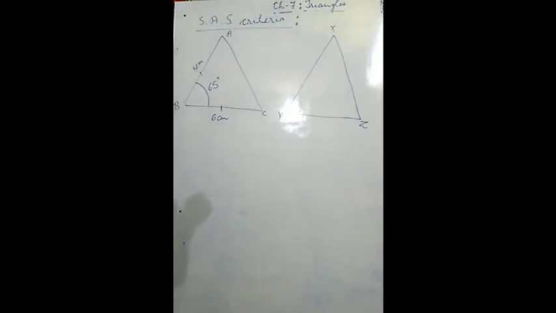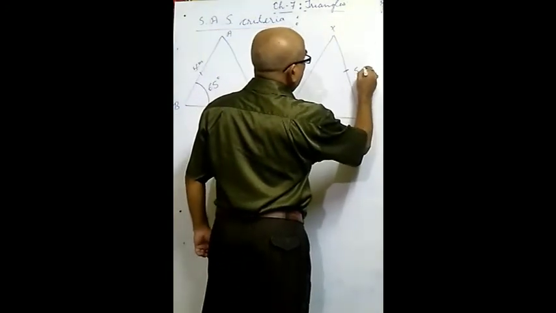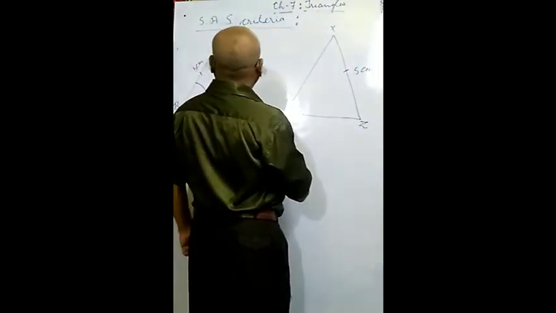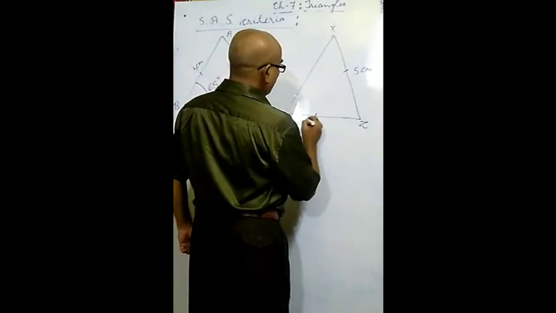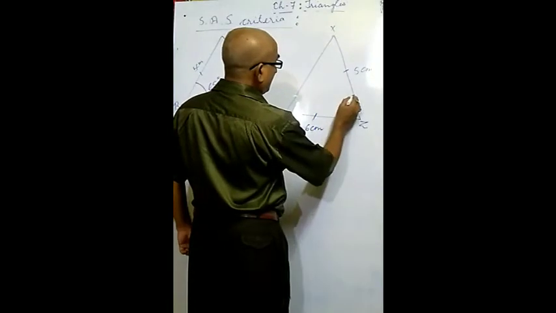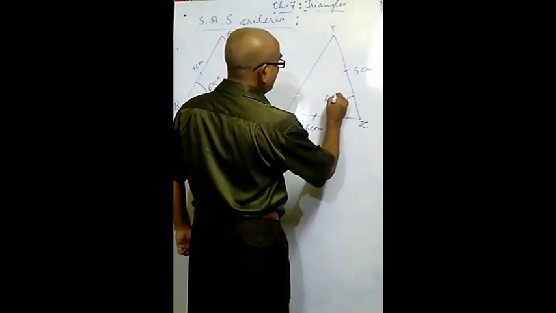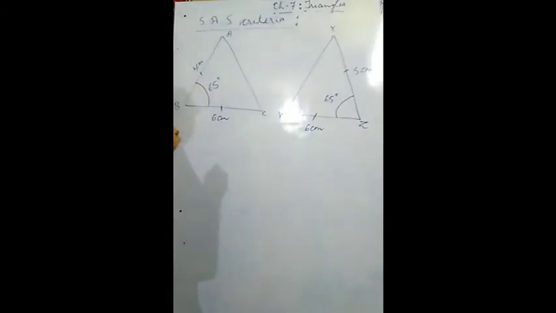In the same way, suppose the value of this one is given 5 centimeter, this one is given 6 centimeter, and this angle is given 65 degree. Mark it. This one is remarkable here.